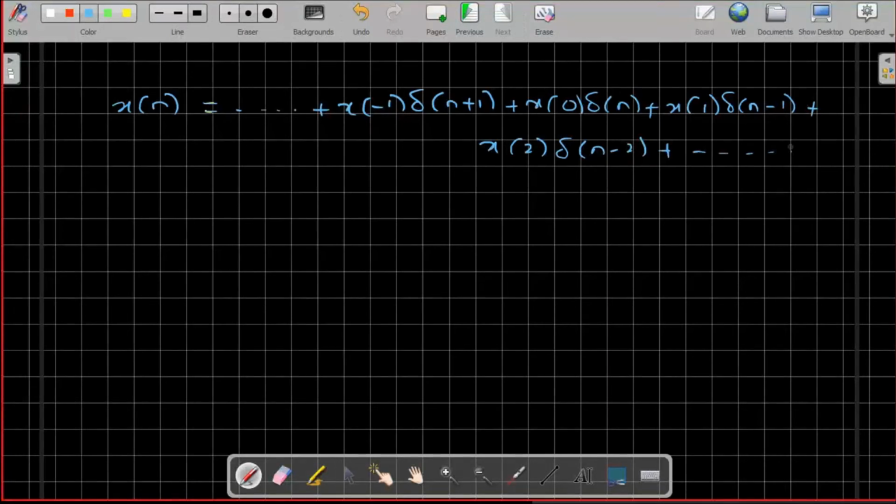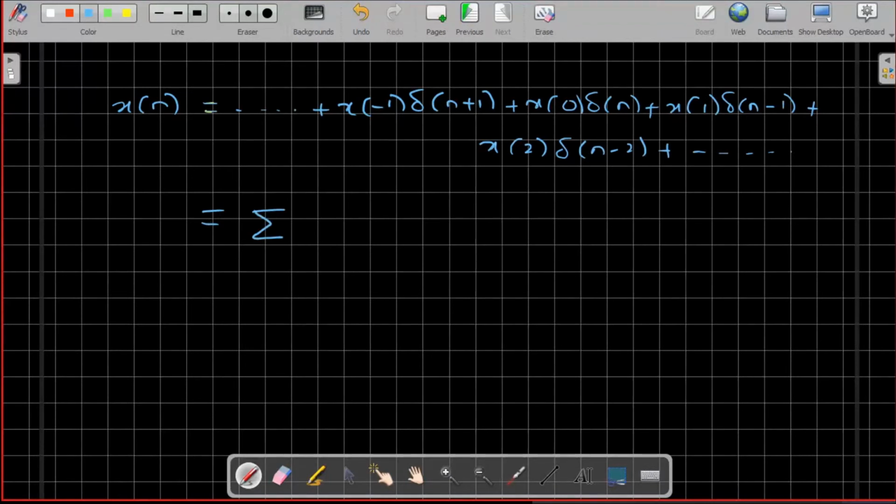Okay. So first we try to represent every sample as a function of impulse. Okay. Then by adding all these samples, we can reconstruct our original signal x of n. Okay. Now try to represent this as a single summation.